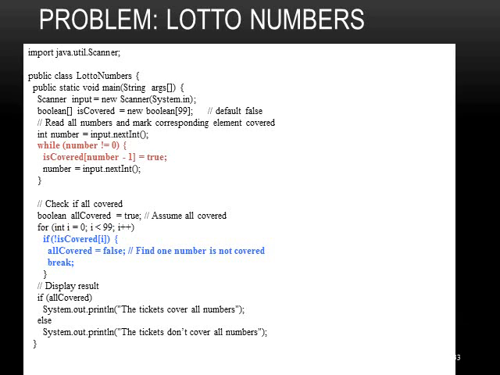And since the program wants to know if all the numbers are covered, if a false is returned from the array, it needs to be turned into a true condition. Hence, not isCovered indexed by i. And if the body is executed as soon as one false is encountered, there's no need to continue through the loop. Therefore, the break statement.